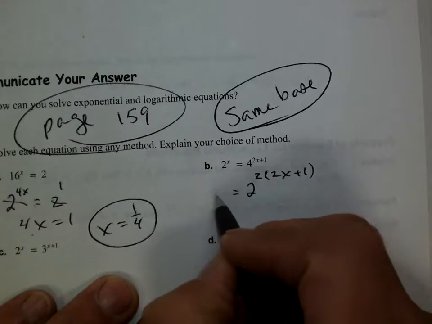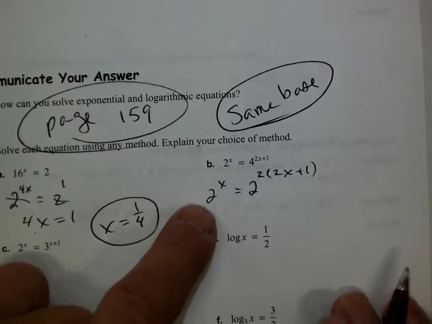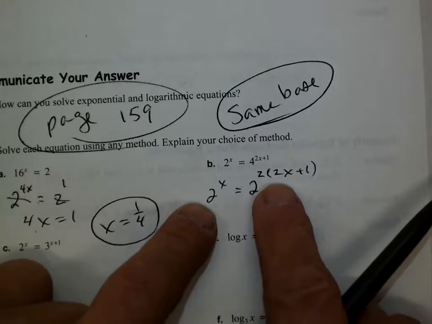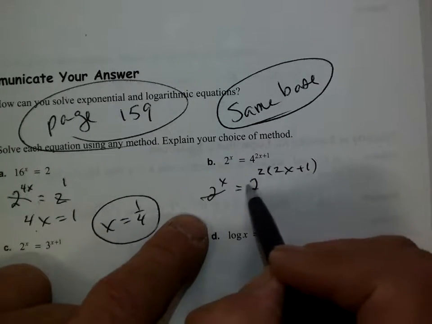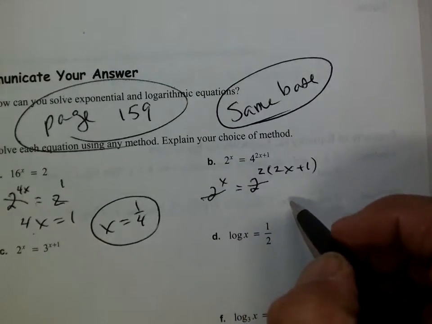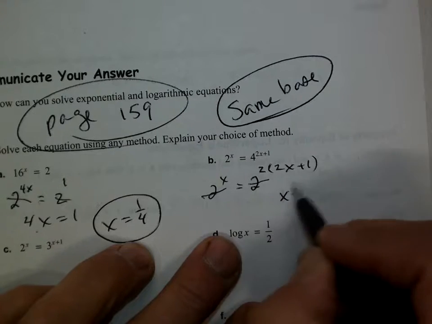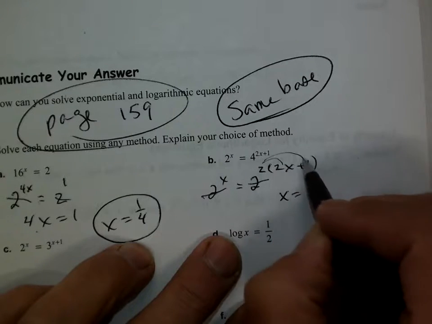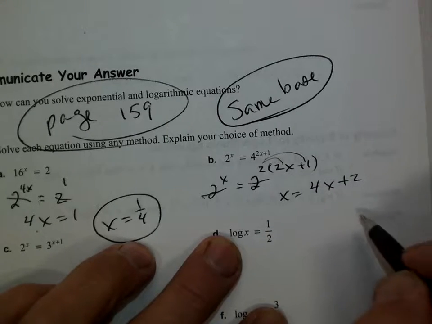Now, equals a 2 to the x. All right, same base, right? I got 2 to the x equals 2 to the 2 times 2x plus 1. So if I have the same bases, I can cancel out the 2's and say, all right, here's what I have, because we're solving for exponents. So I've got x equals, and I can make this a 4x plus 2, and I can just solve, okay?